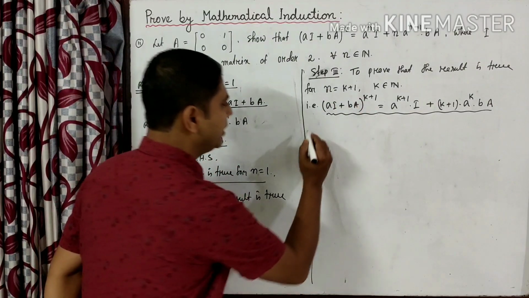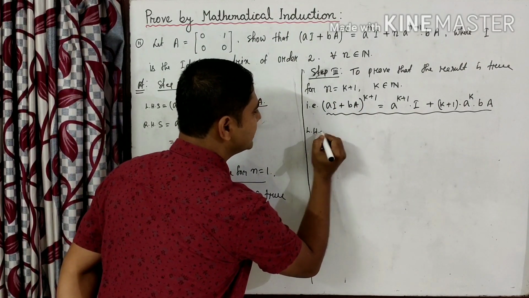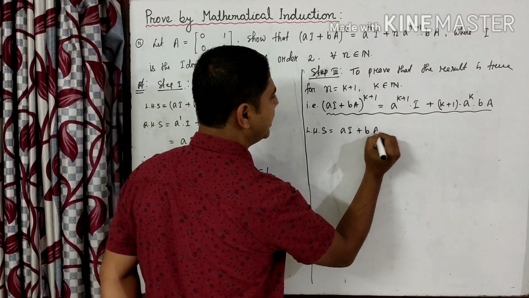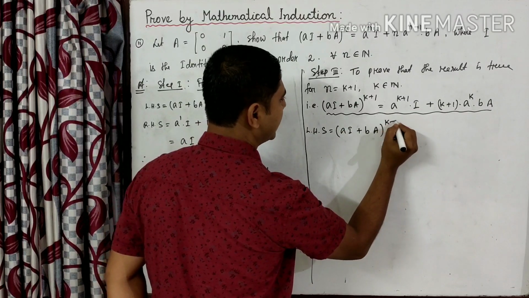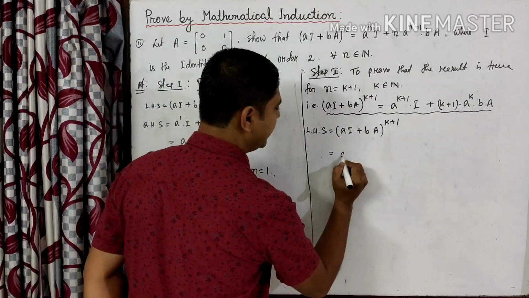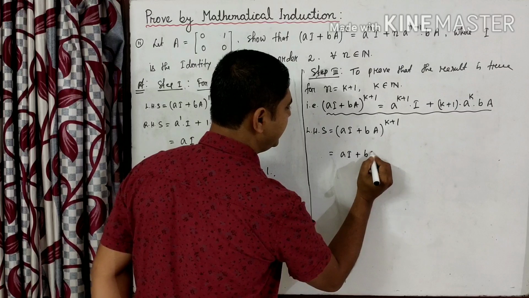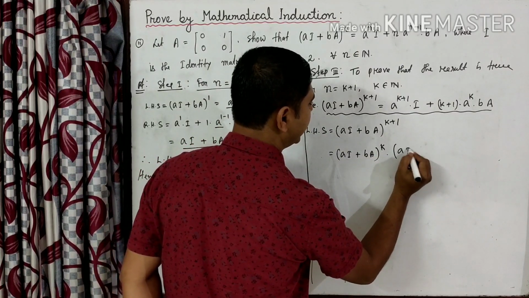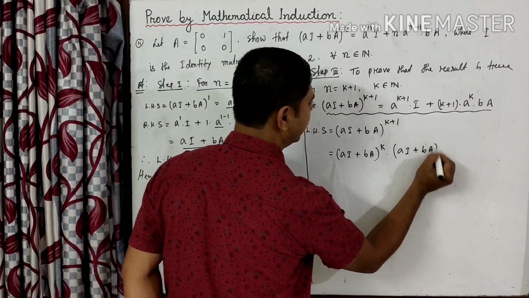Okay. Here we consider the left hand side of this part. What is the left hand side? This one is (aI plus bA) whole to the power k plus 1. This part can be written as (aI plus bA) whole to the power k into (aI plus bA).